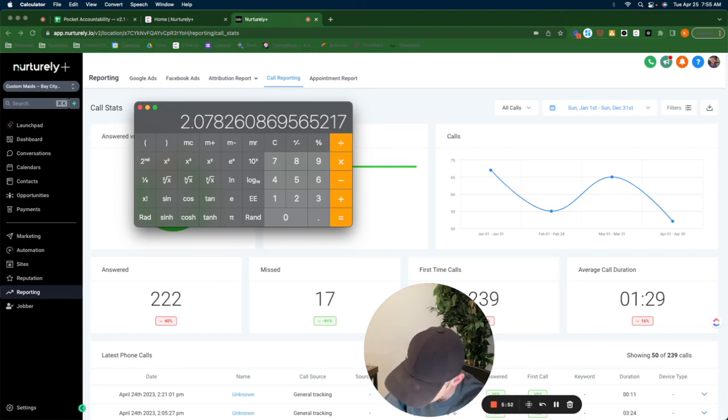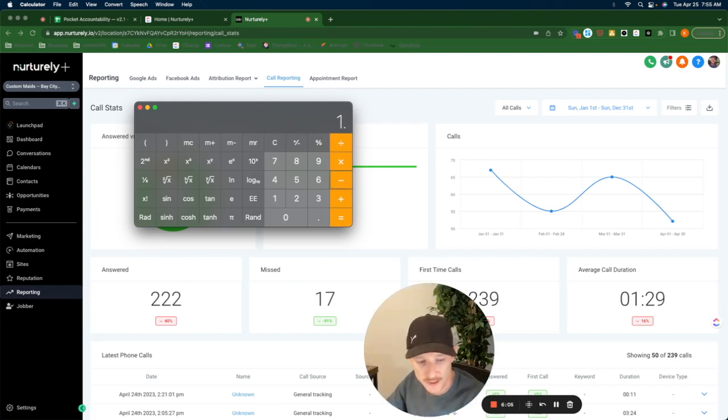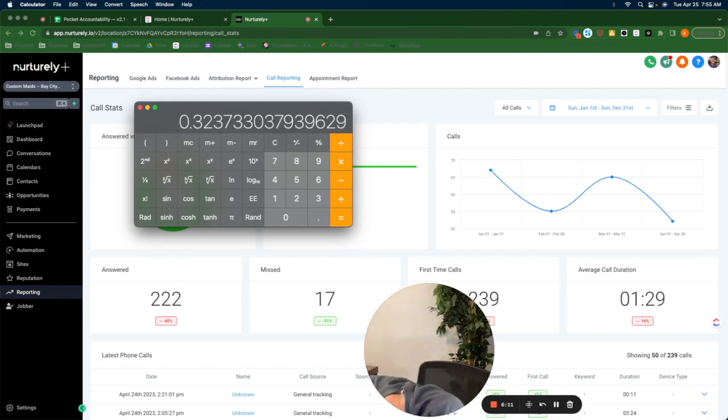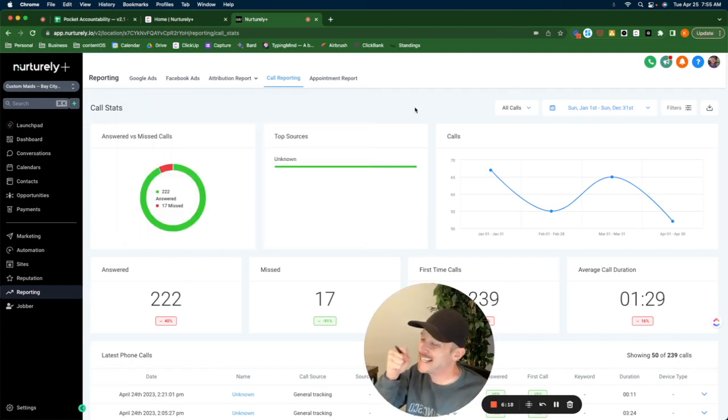I'm rounding. First time calls a day, 2.08. So subtract 1.57, divided by 1.57. It's a 32% increase this year in first time calls per day.